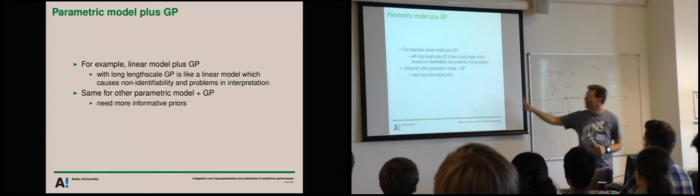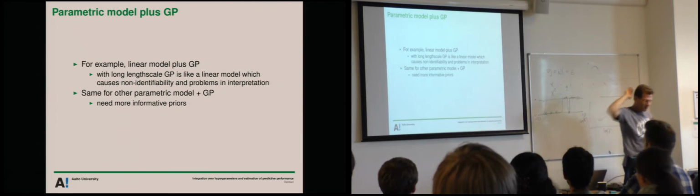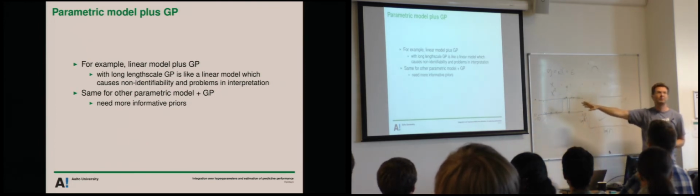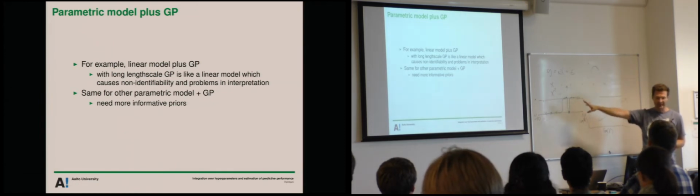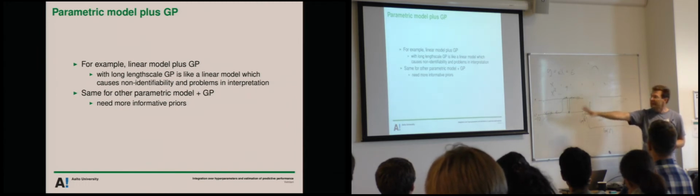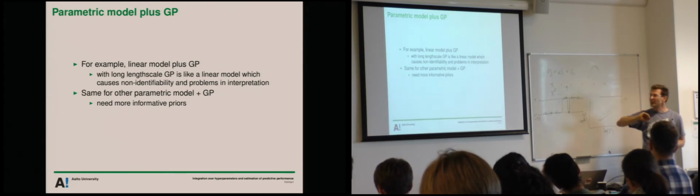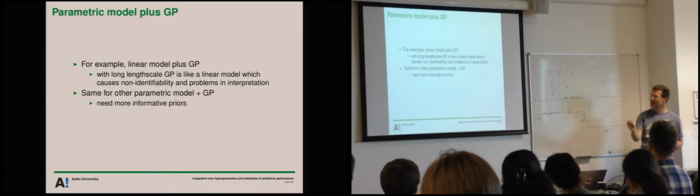Same for other parametric models plus GP. We need more informative priors. There are papers on when you have some computer simulator, a deterministic simulator, you might have an idealized physical model from first principles, and you want to use a GP just to measure some deviation from this ideal case and still also learn the parameters of that simulator or the physical system.